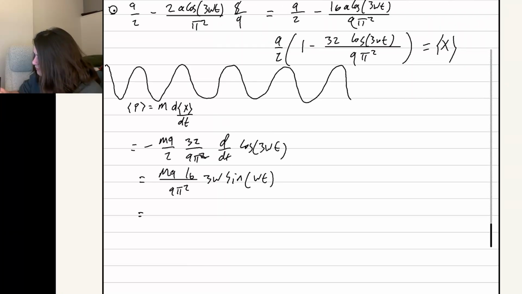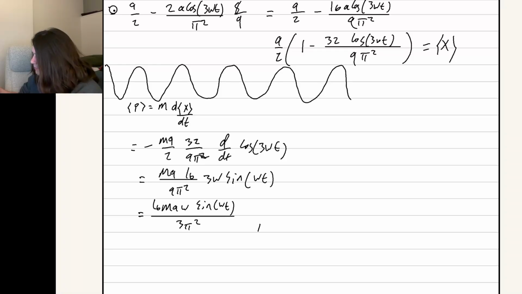Which simplifies to 16 ma omega sine 3 omega t over 3 pi squared, and then you can put back in the definition of omega that old Griffiths provided, which was pi squared h bar over 2ma squared.